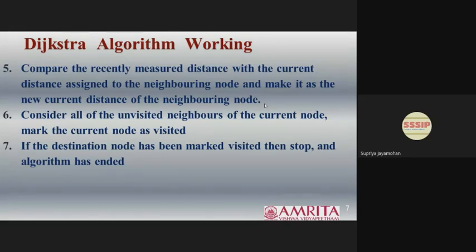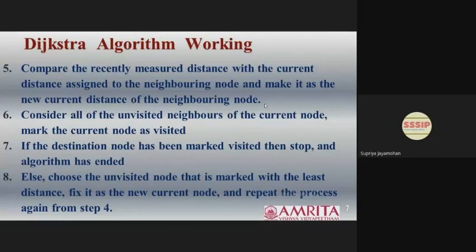And in case we have the destination node to be reached, then if it is visited, we would say that the algorithm has stopped. Each node is going to be chosen as visited or unvisited based on its distance, and we will be repeating the process till we reach the destination.